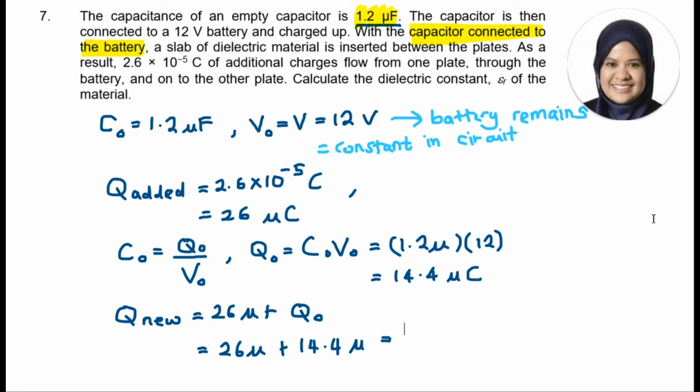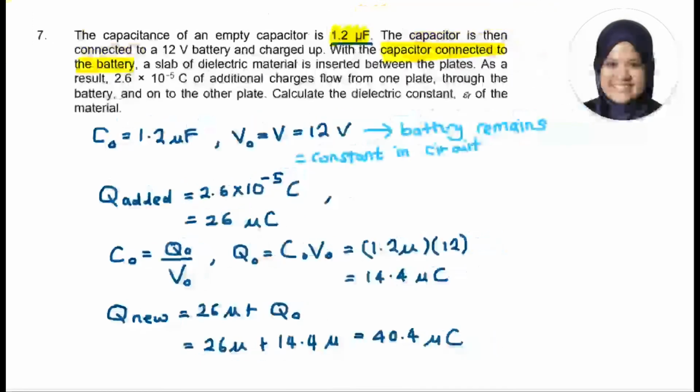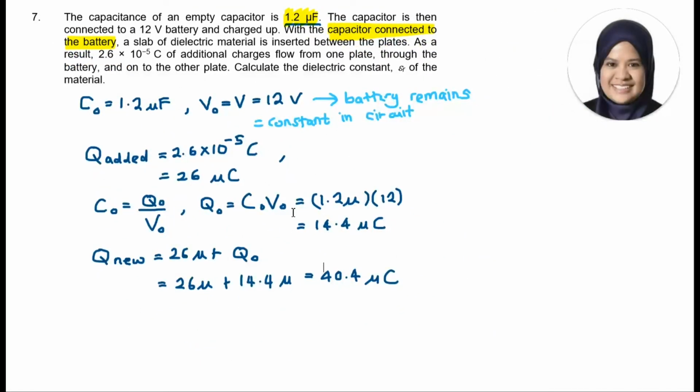Soalan saya tadi nak cari dielectric constant. So, to have dielectric constant, saya kena kaitkan dengan formula. Formula bagi dielectric, epsilon R sama dengan C over C0.